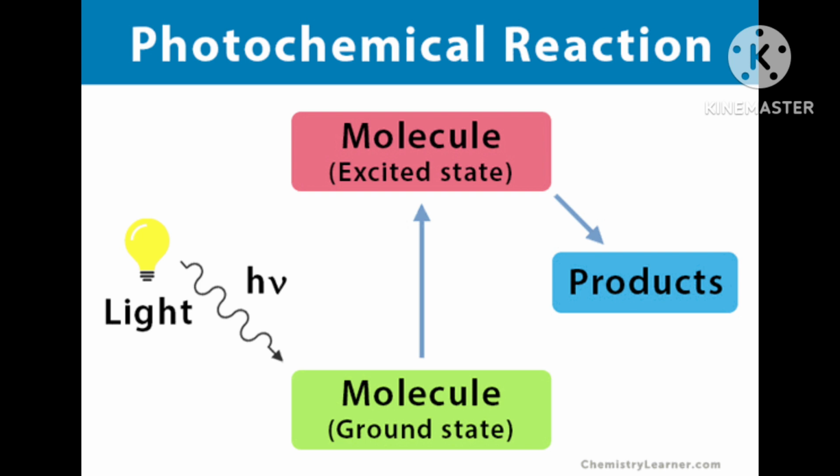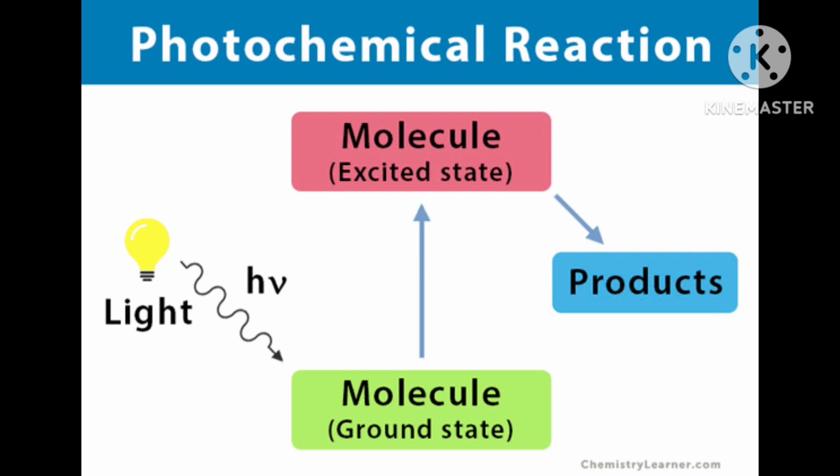This rhodopsin is a light-sensitive receptor protein that triggers vision. This photochemical reaction is very important for us. If light is not there, then we can't see anything. Correct?